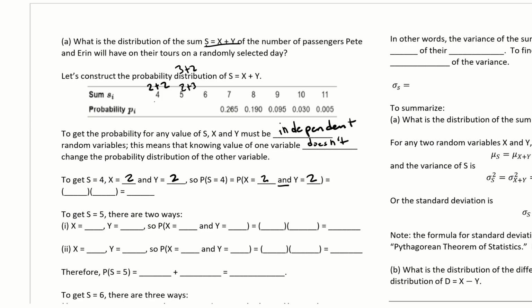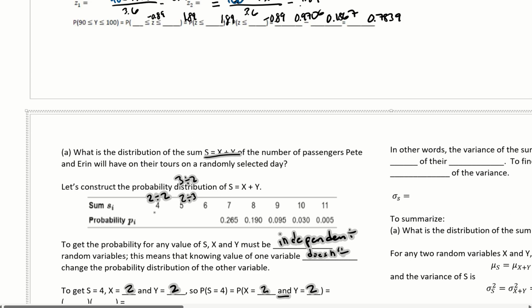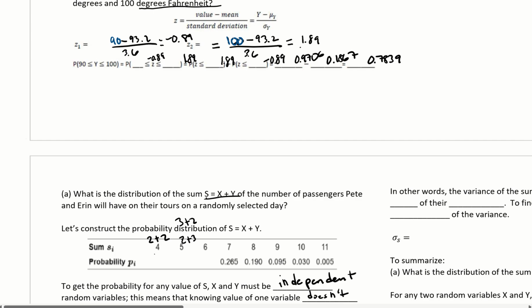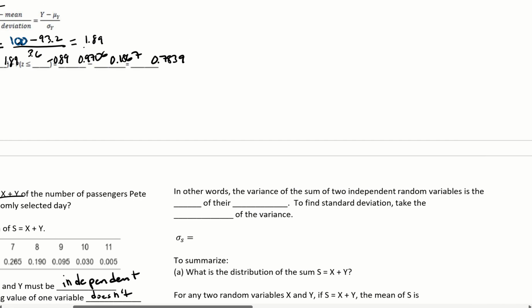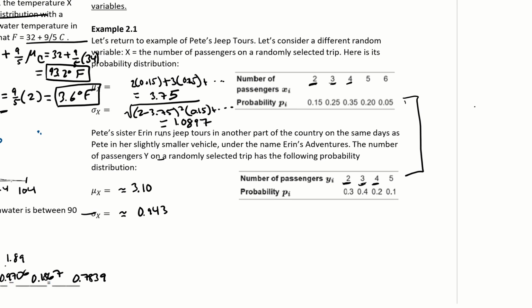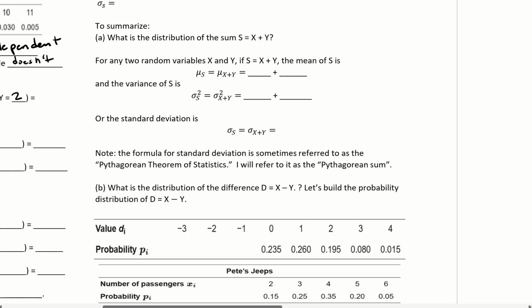All right, so the probability of 2 for Pete, and again, I wish I had this on the same page, but unfortunately I do not. Here, if you go back, you get x equals 2. So you get 0.15 times 0.3. Those are the two probabilities. So we can multiply those two probabilities, okay?